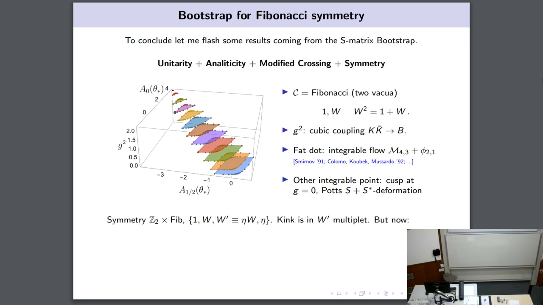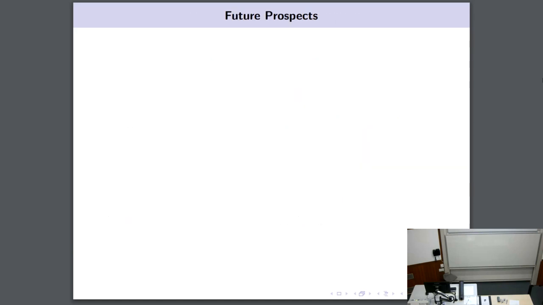And there is the kink in this multiplet, it's just W times the eta. But W squared is 1 plus W. So it means that if you fuse the kink multiplet with itself, you cannot get it again. So there cannot be any resonance. And this forces G equals 0. This is a consequence of symmetry. And there are also some special points here and here, which we don't really know what theories are, but the integrable theories which have Fibonacci symmetry.